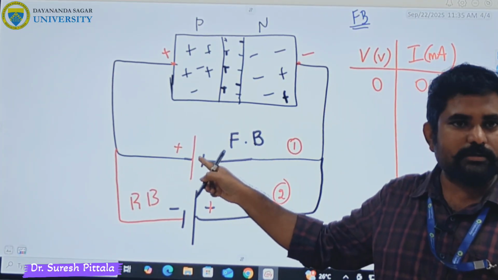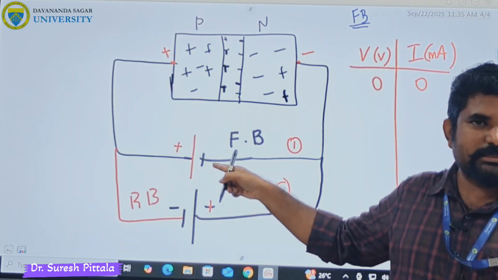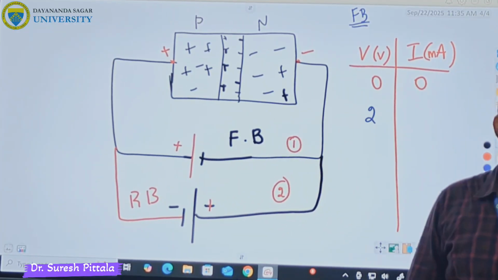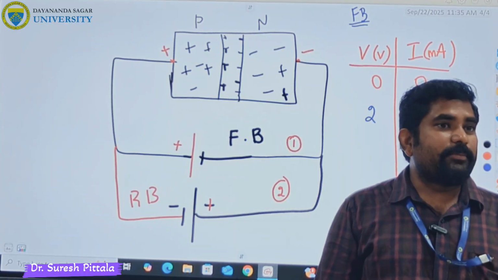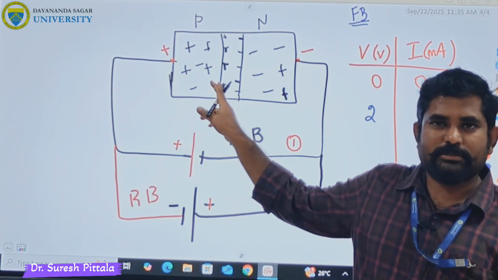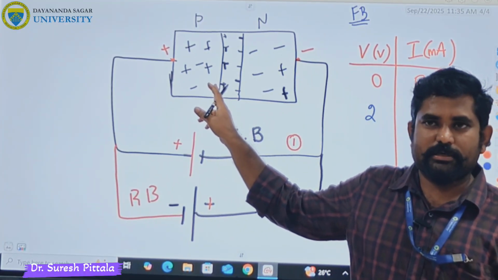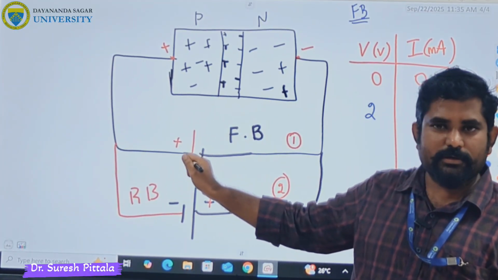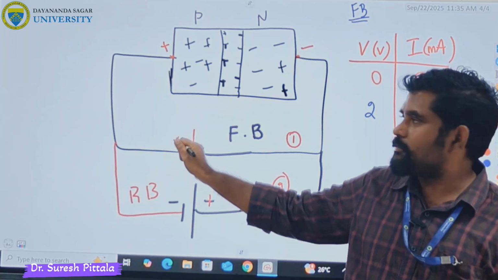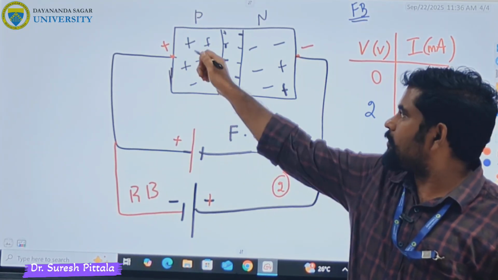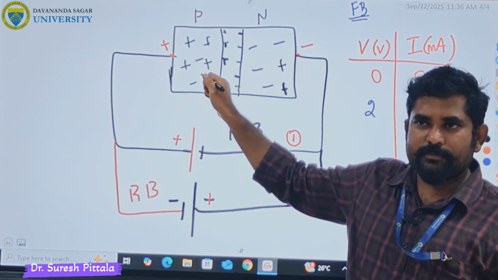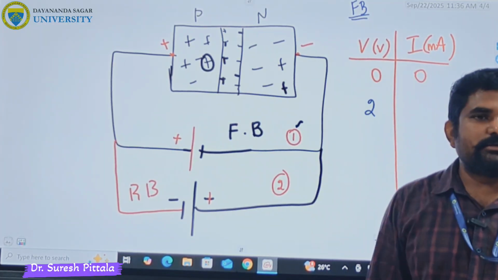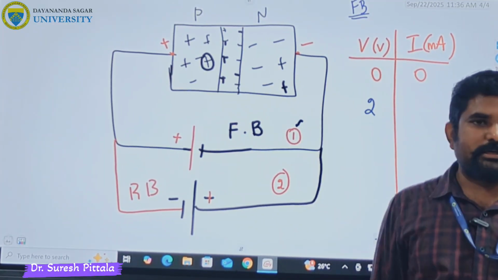If I connect DC battery here, suppose I am at some finite voltage, for example 2 volts, let us take. So I am giving some voltage. What happens to the charge carriers here? Look at the charge carriers. One side you concentrate. This is what? Positive. This also positive. Okay. Here what are the charge carriers? Majority. Okay, positive charge carriers. So what happens to the positive charge carriers inside?